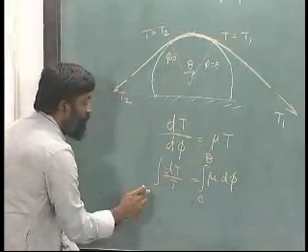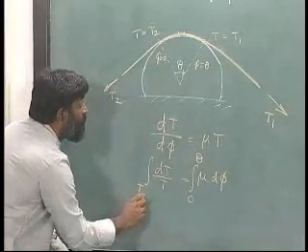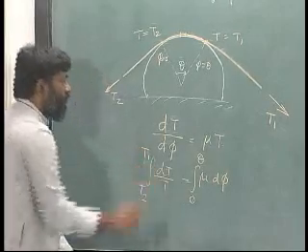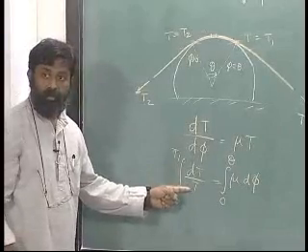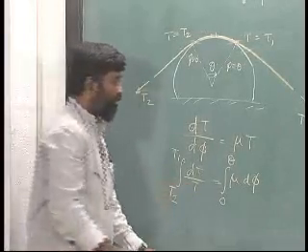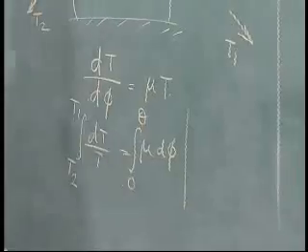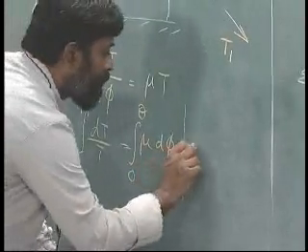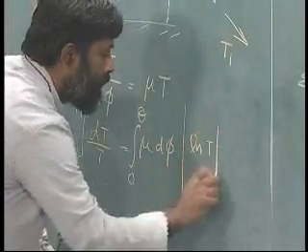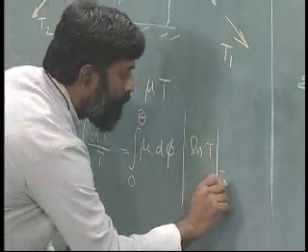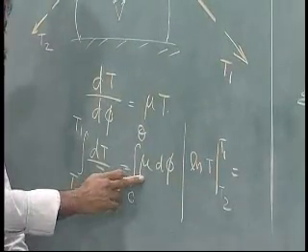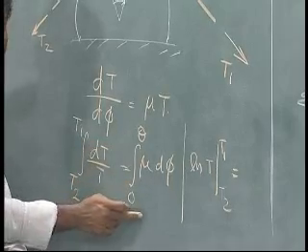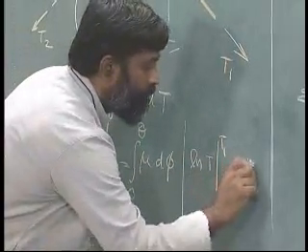At phi equal to 0 it is T2 and this is equal to T1. dt by t integrated will give me the natural logarithm of t. So, the natural logarithm of t ranging from T2 to T1 is equal to mu times theta minus mu times 0, which is mu times theta.